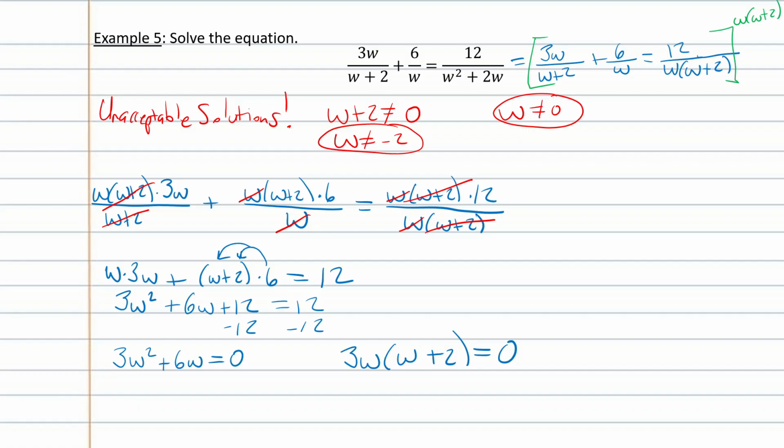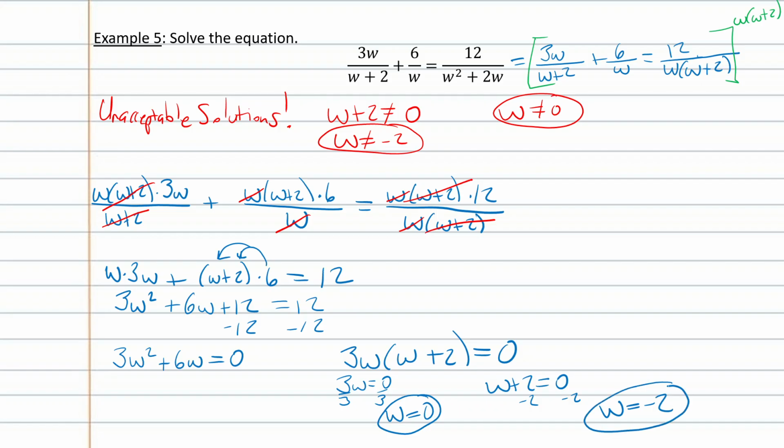Now what that gives us here is that either 3w has to be 0 or w plus 2 has to be 0. And if I divide by 3 here, I see that that gives us the solution of w equals 0. And if I subtract 2 here, this gives us the solution that w has to be -2.